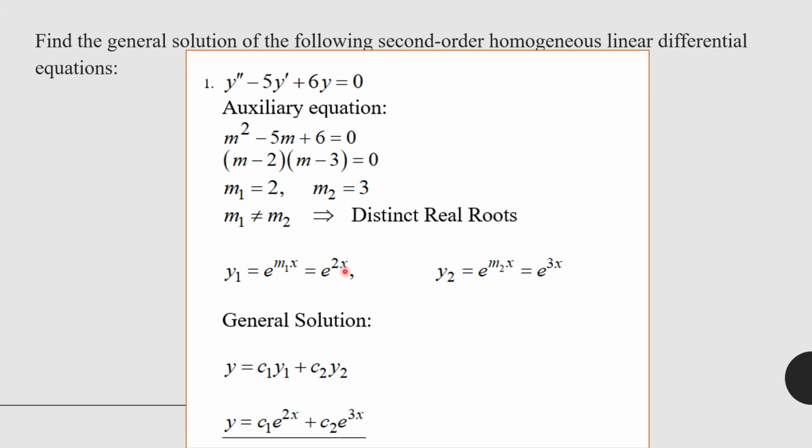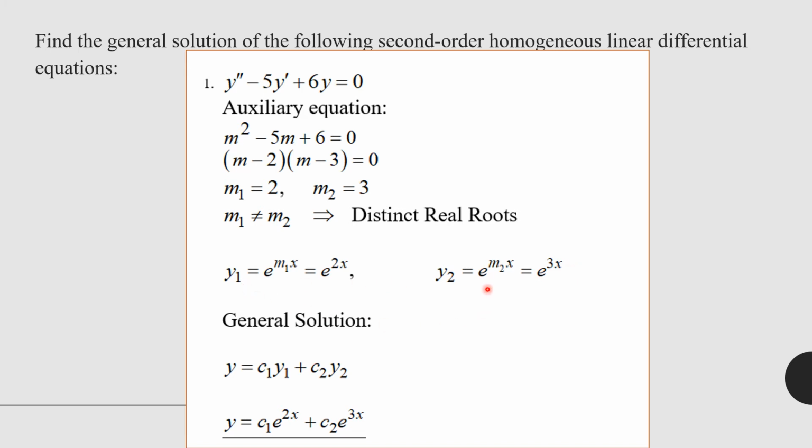The next root is m2, which is 3, also a real number, and therefore it will have the solution in the form y2 equals e to the m2x. Substitute m2 by 3, so y2 is e to the power of 3x. So these are the two solutions, y1 and y2.